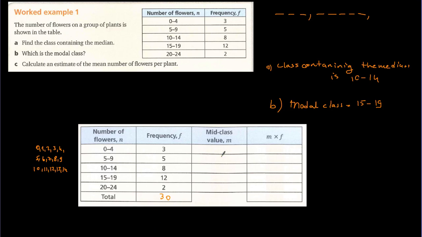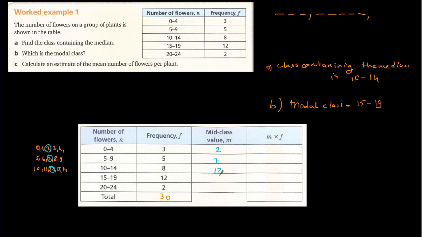These are the mid-class values. The mid-class value of the first one is equal to 2. Why 2? Because, as you see, it is the mid value of 0, 1, 2, 3, 4. Then I write 7, then as a mid value 12.